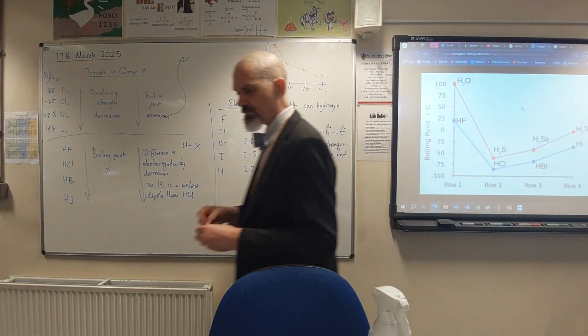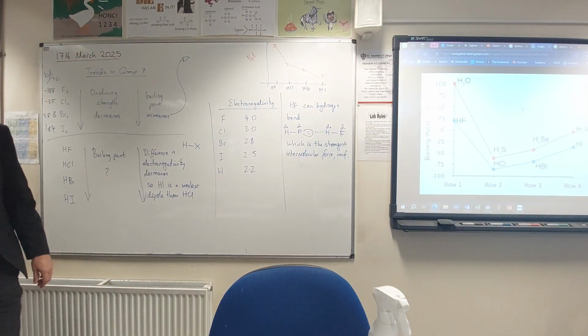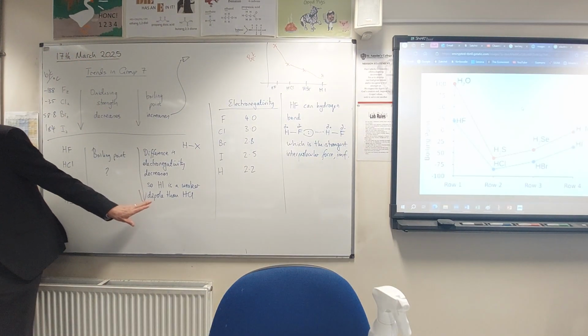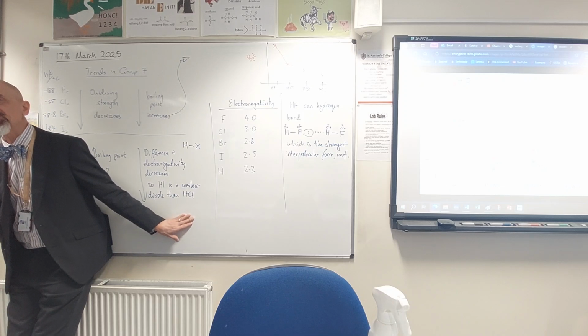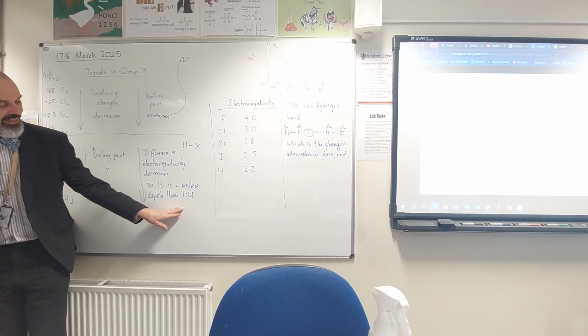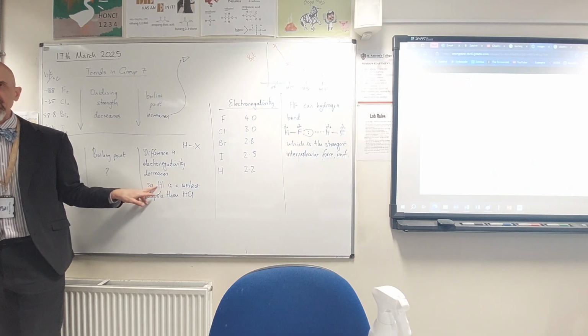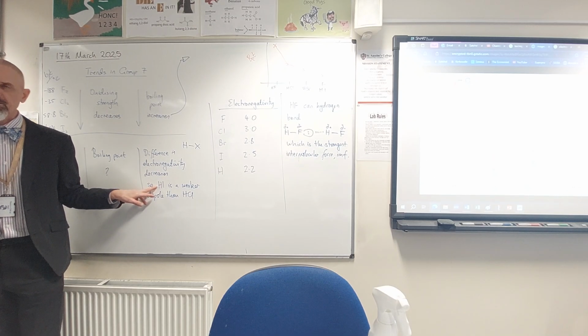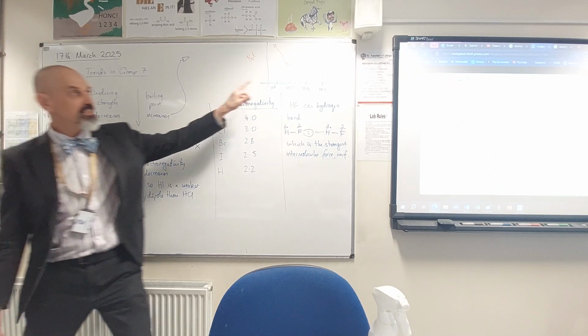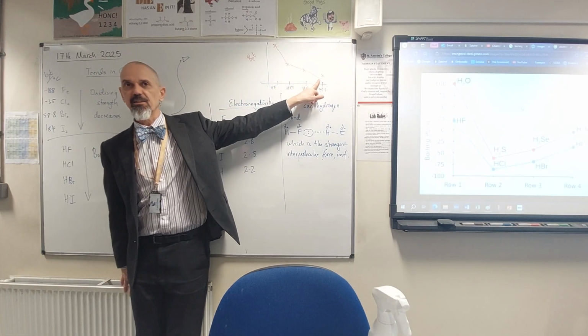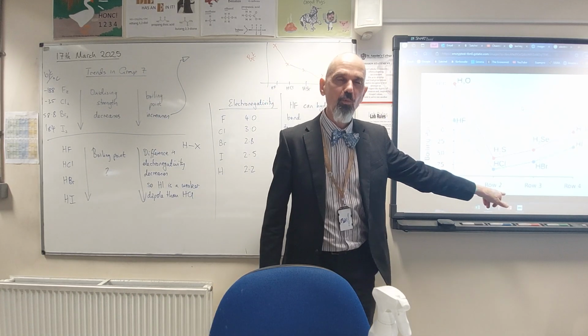Okay, right, so the information about electronegativity implies that HI is going to be the weakest dipole, so it's going to have the least dipole-dipole forces, so we'd expect it to have the lowest boiling point. But that's not what we see.